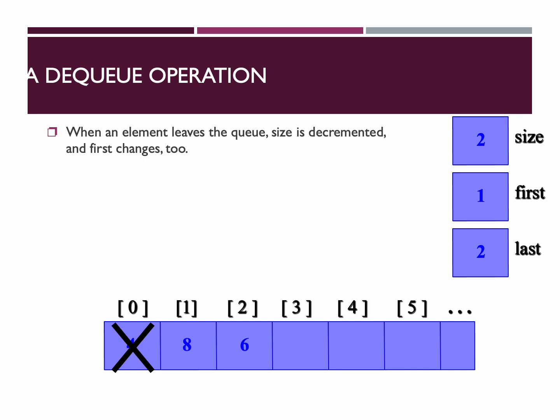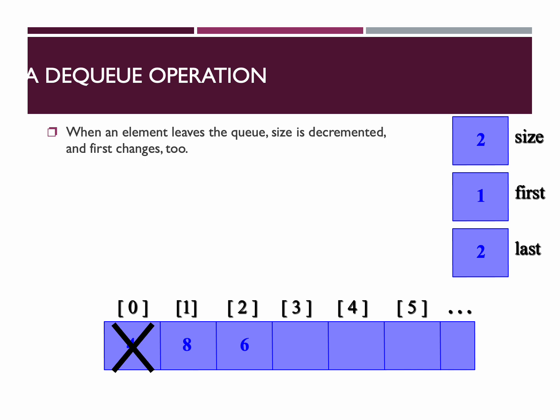On the previous slide we had the size 3 because we had 3 elements, and the first was 0 because the address of the first value was 0. But now the first is 1 because we removed an element, so the size decremented.